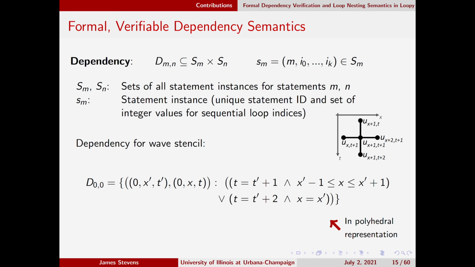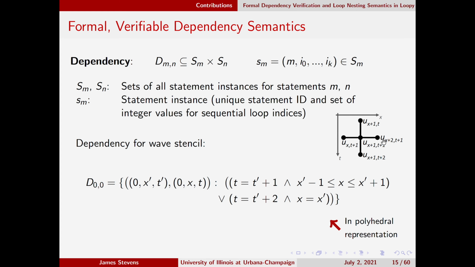As an example, here's the dependency for the 5-point stencil we've been discussing. So here we're using 0 as the identifier for this statement. And the way to think about this is statement instance (0, x', t') happens before statement instance (0, x, t) if either t is 1 greater than t' and x is between x' minus 1 and x' plus 1.